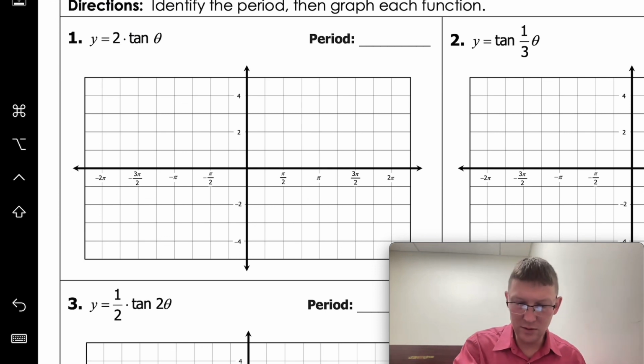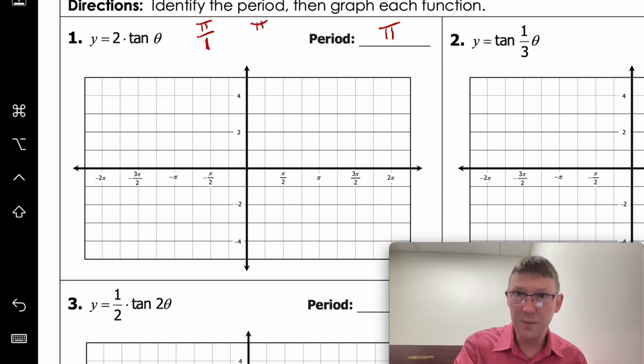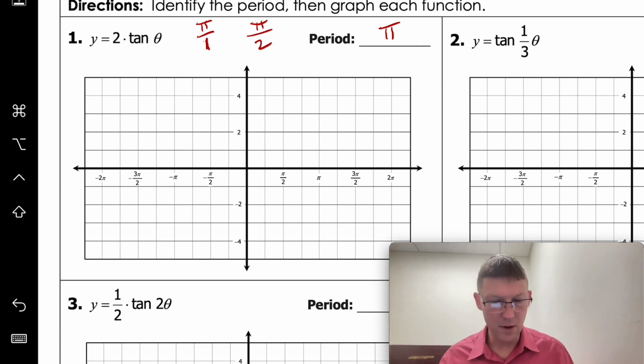The period is going to be pi over b. In this case, our b is just 1, so our period is pi. And remember, the asymptotes are odd multiples of pi over 2b. b is currently 1, so it's going to be odd multiples of that.